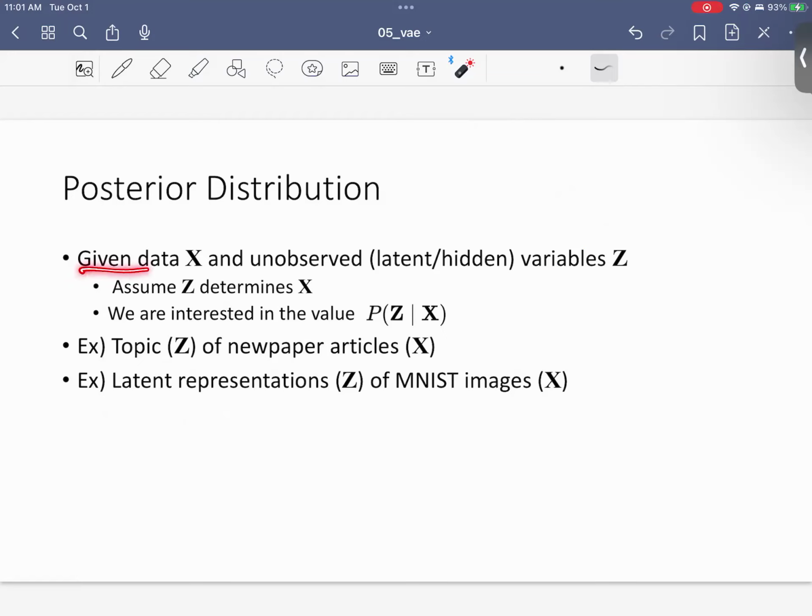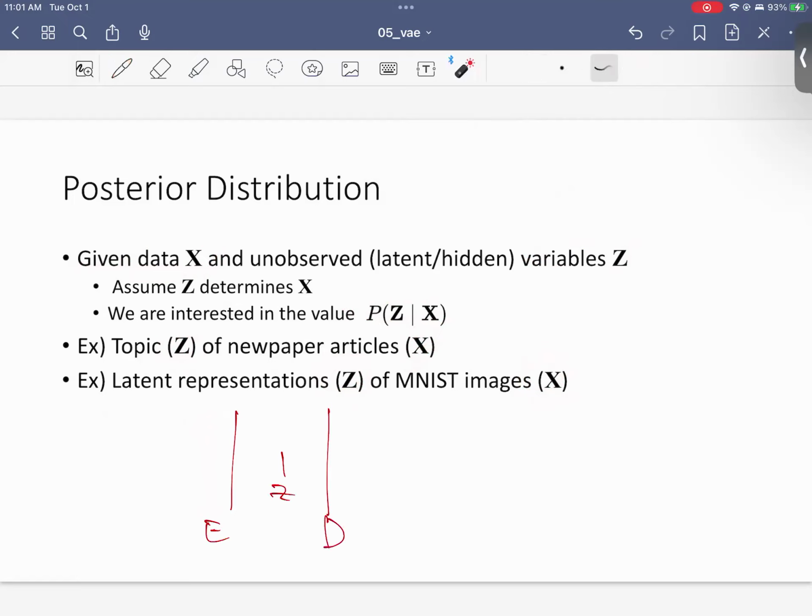So this is the same thing. Given data X and a hidden variable Z, how can we calculate this posterior distribution? As I said, Z could be a topic and X could be a news article in my example. But in our autoencoder, X can be MNIST images and Z can be the latent variables. So there's the encoder, Z, and decoder, right?